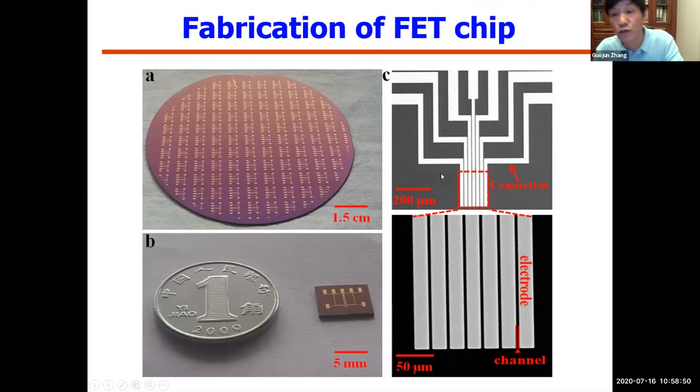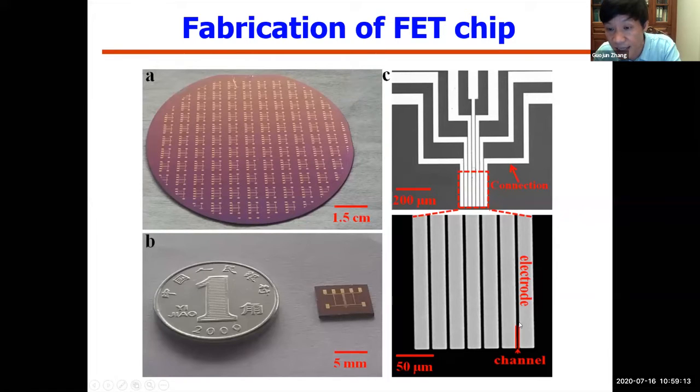Figure C is the SEM image, which shows the sensing area. One single FET chip has six individual sensors. This is the sensor array, and the white line shows the electrode.